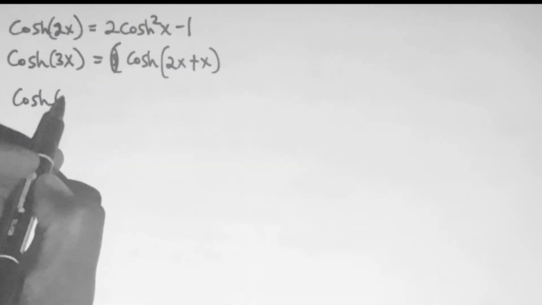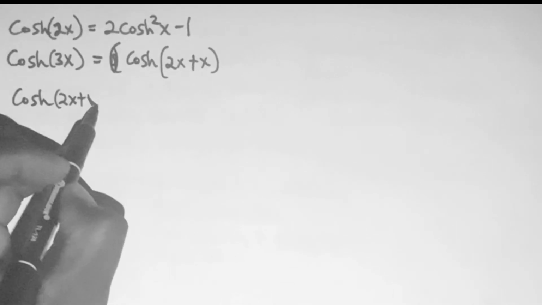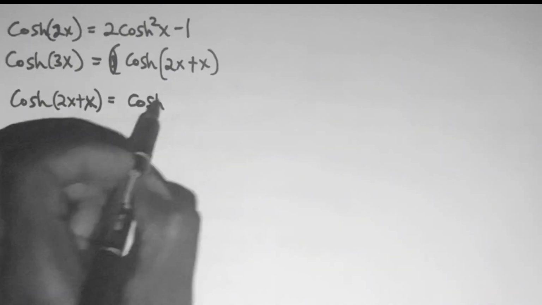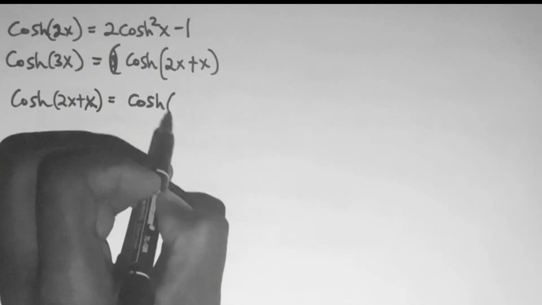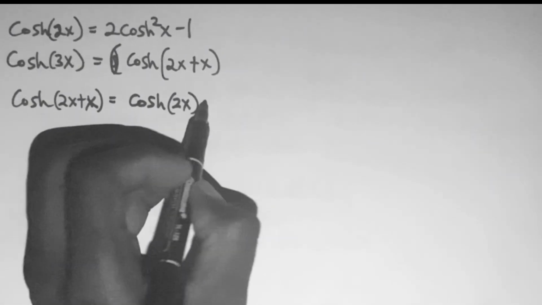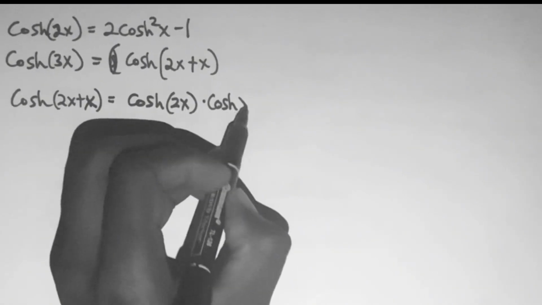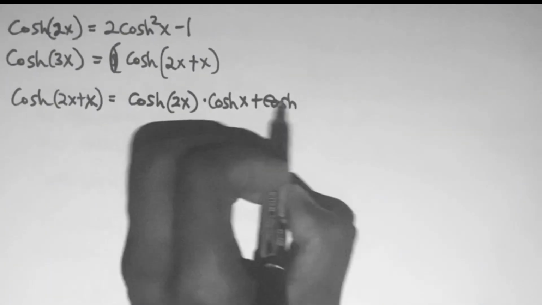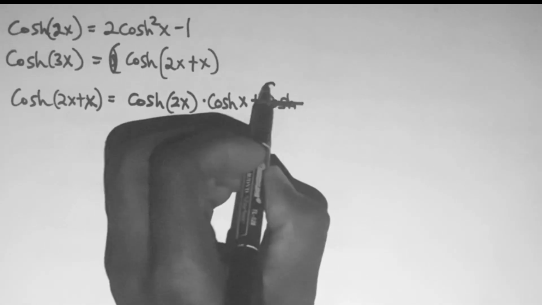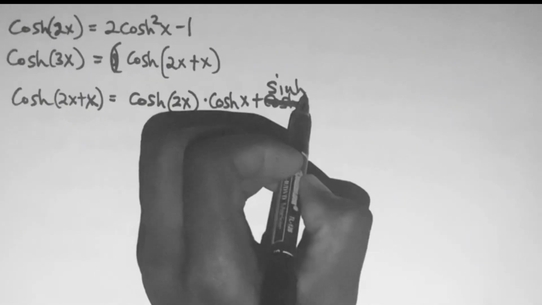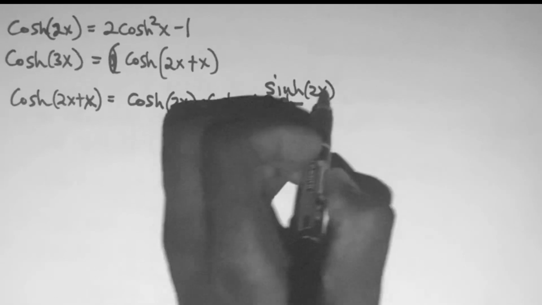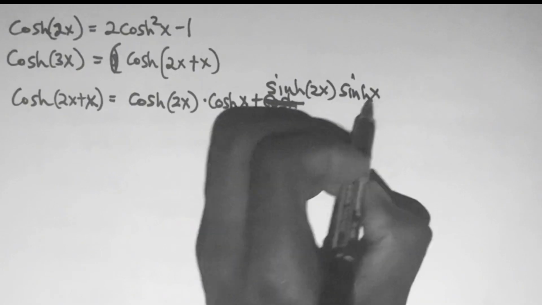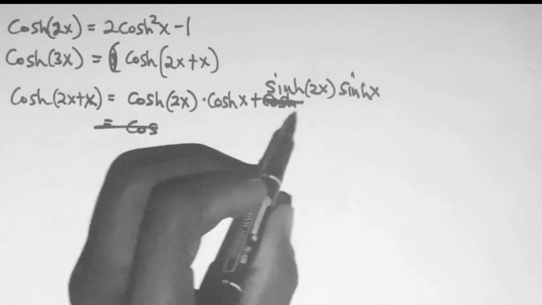Cos(2x plus x) is equal to cos 2x times cos x, then plus hyperbolic sine 2x sine x. So let me write this properly.